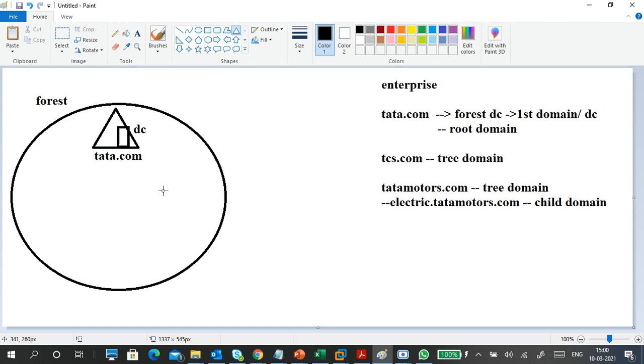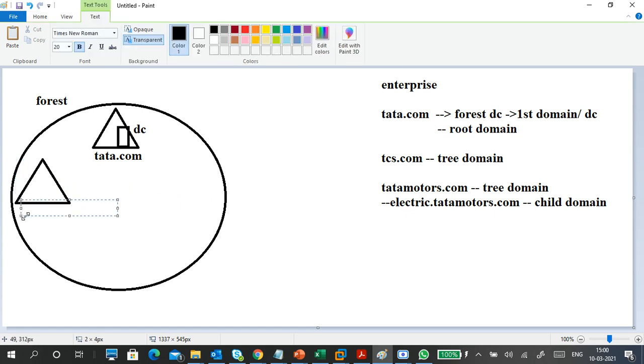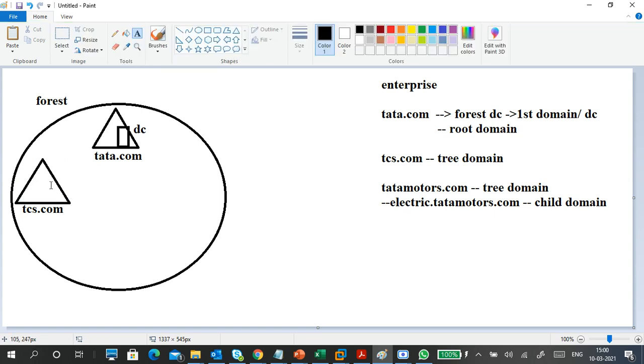And the domain, logically, this is a logical one, right? So this is my tcs.com, for example. This tcs.com is also in the forest, but it is a separate domain. We just have a connection, that's it.